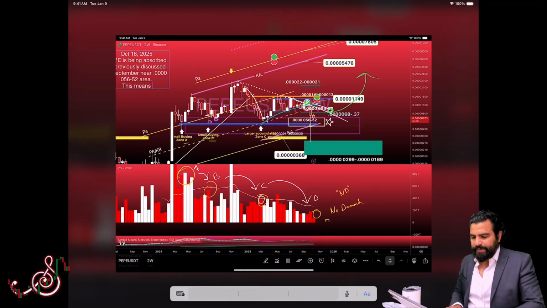This means, in addition, we are near challenging the area again. I believe these may be good low prices for PEPE.